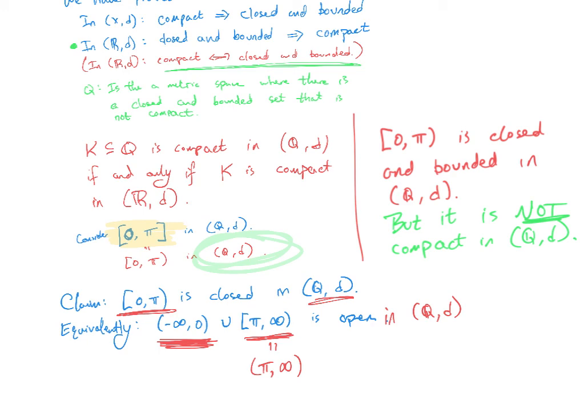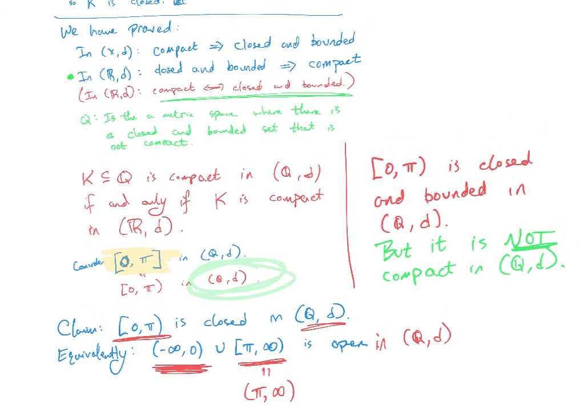Now it is still true, what we proved at the beginning of today's lecture is still true. Any compact set in the rationals is going to be closed and bounded in the rationals, as this one is. But this converse that was true for the reals is not true for the rationals.